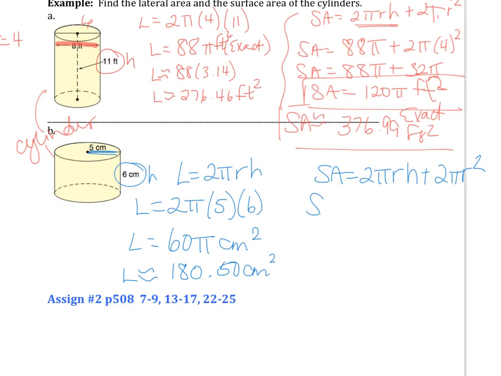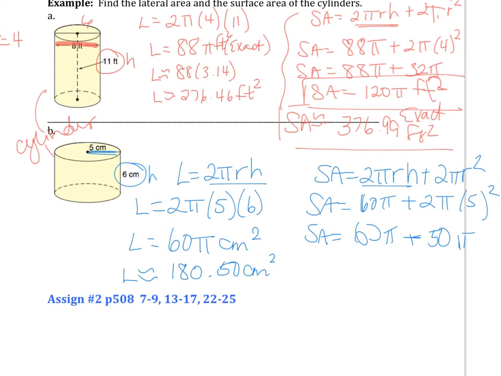Surface area then, again, we just found that 2 pi r h, so that's going to be that 60 pi plus 2 times pi times my radius, which is 5 squared. So surface area equals 60 pi plus 5 squared is 25 times 2 is 50, so 50 pi.